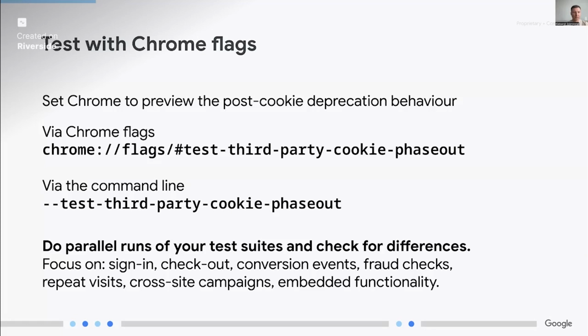The simplest way to troubleshoot right now or to debug is to run two versions of Chrome in parallel. One with the flag, the cookie phase out flag that you see on the screen right now, that allows you to simulate or actually replicate the environment where cookies are no longer supported, and one regular version of Chrome with cookies supported.